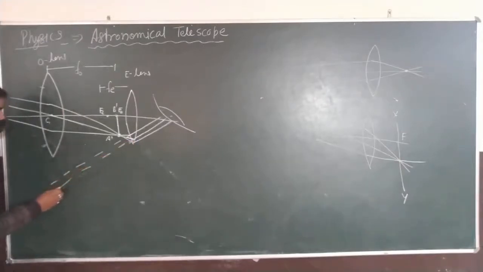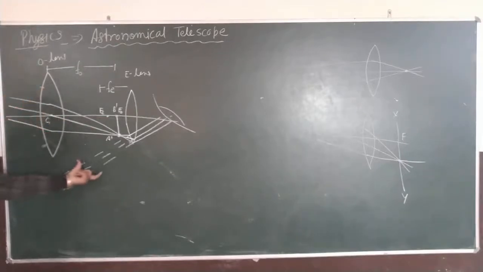So it is very clear that the image formed in this normal situation is formed at infinity.